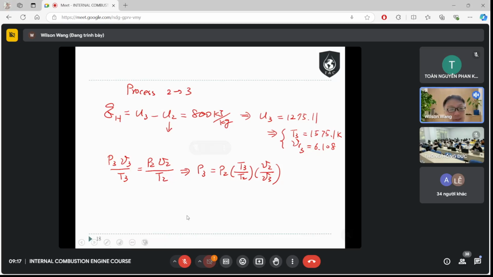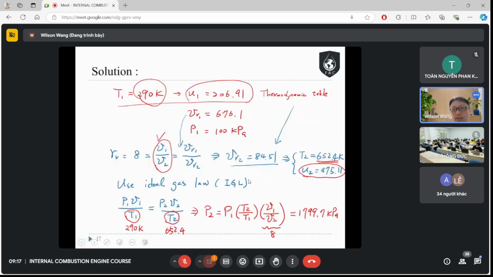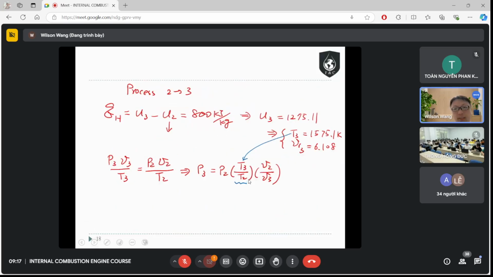Right. And we know the T3 right here. And we know the T2 from here. T2 is right here. Okay. And V2 by V3.